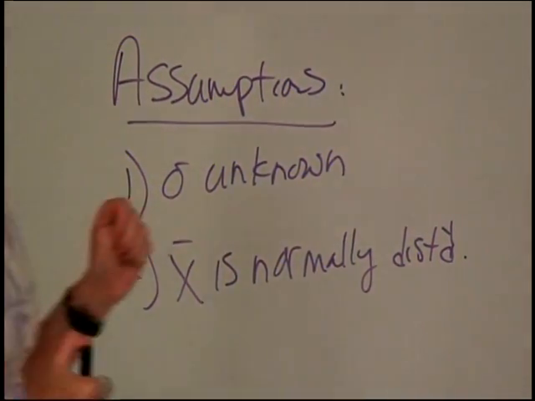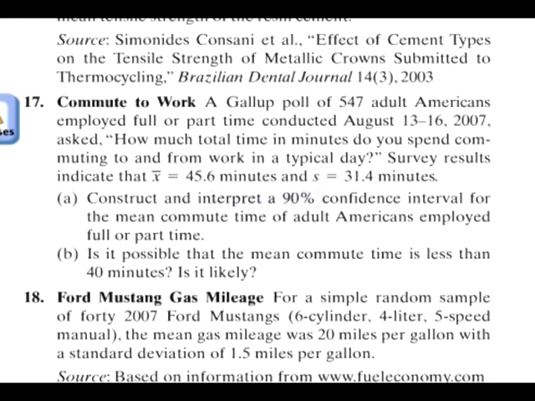Okay, so let's get to our commute problem. It says a Gallup poll of 547 adult Americans employed full or part-time, conducted August 13th through 16th, 2007, asked, how much total time in minutes do you spend commuting to and from work in a typical day?